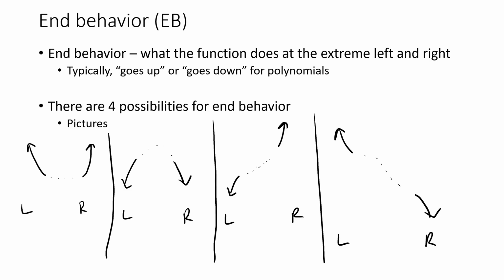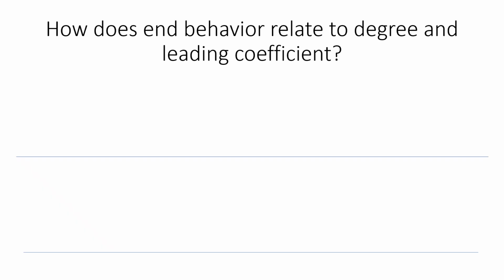And now the question that everybody has on their minds is, how does end behavior relate to the degree and the leading coefficient? So we talked about what is degree, what is leading coefficient, and then we have this thing called end behavior. How are these all connected? All right, so the first case is, what if you have even degree and a positive leading coefficient?